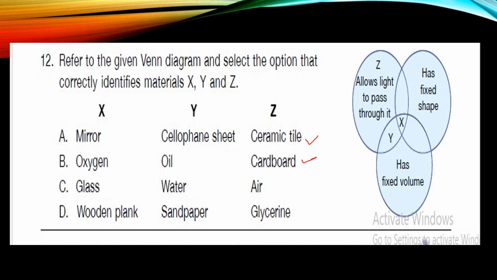So these options are incorrect. Next, for Y, allows light to pass through it and has fixed volume. In option D, sandpaper does not allow light to pass through it, so this option is also incorrect. So answer is option C, glass, water and air.